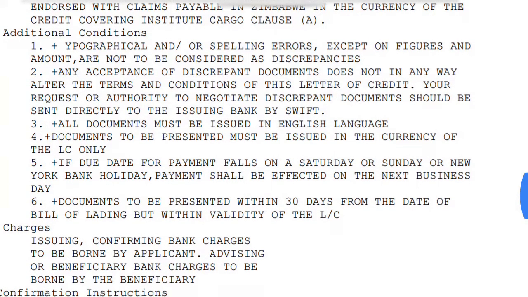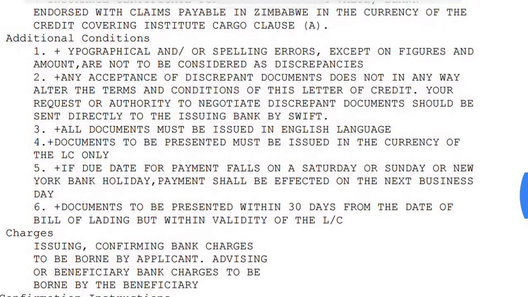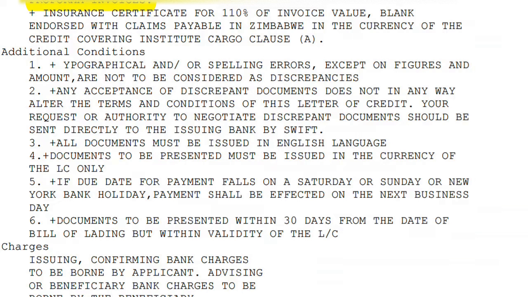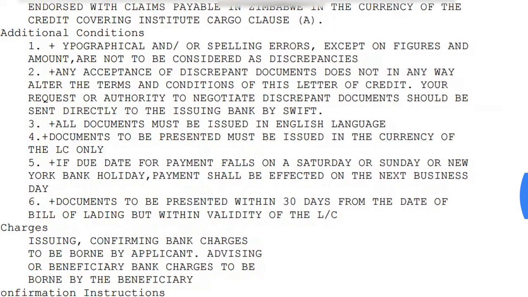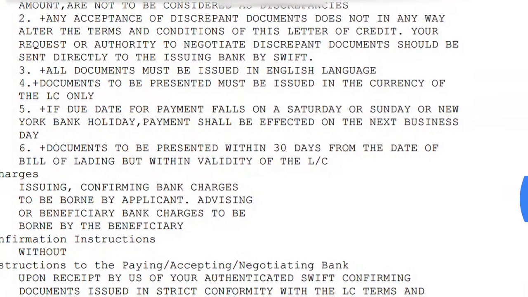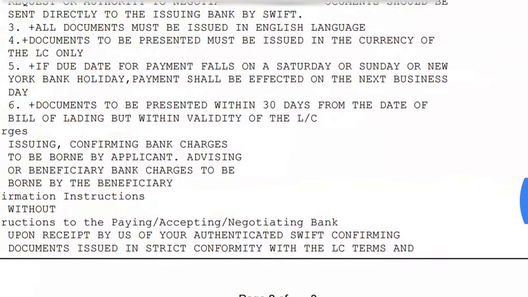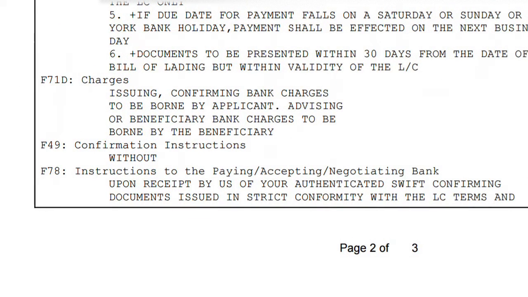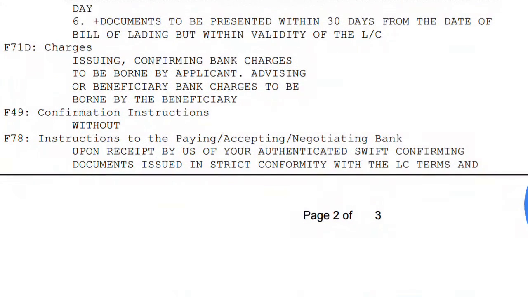You have to understand that spelling errors will be adjusted, but the item description and amount must be accurate. These are the additional information which need attention, but the things we studied before are the very important parts of an LC.